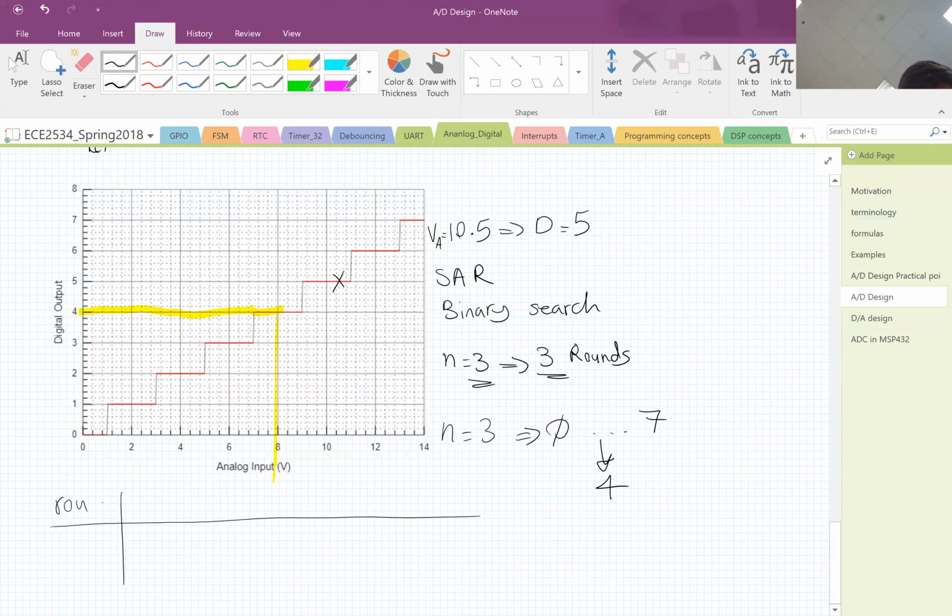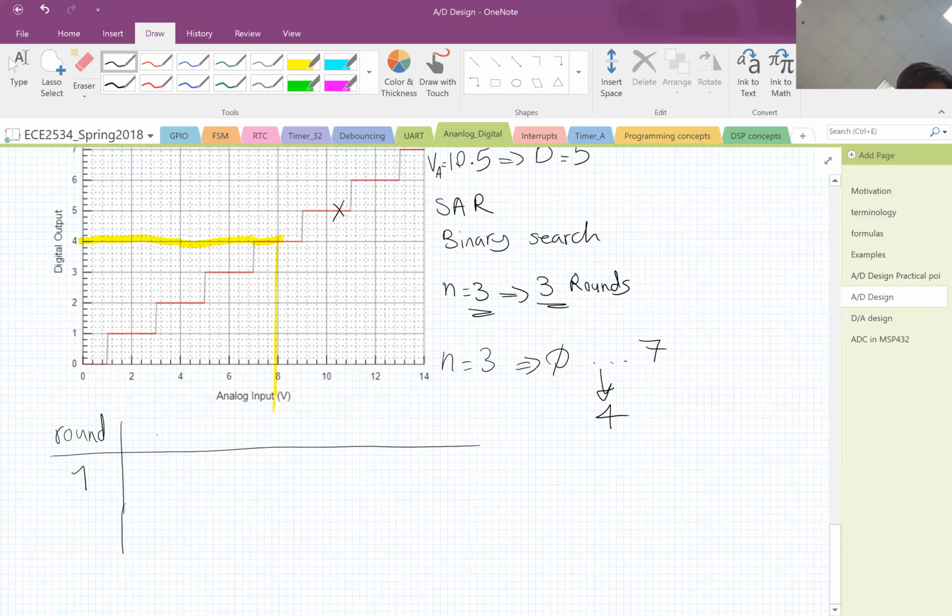And so let me put the round. This is my round number. And the guess, what was our guess? I call it the digital guess. It's 4. What would be the analog equivalent of the guess? That's the one that we came back and got, an 8. It's 8, right?